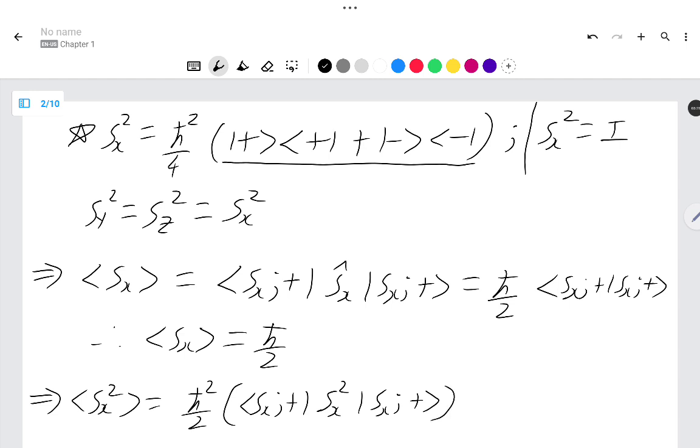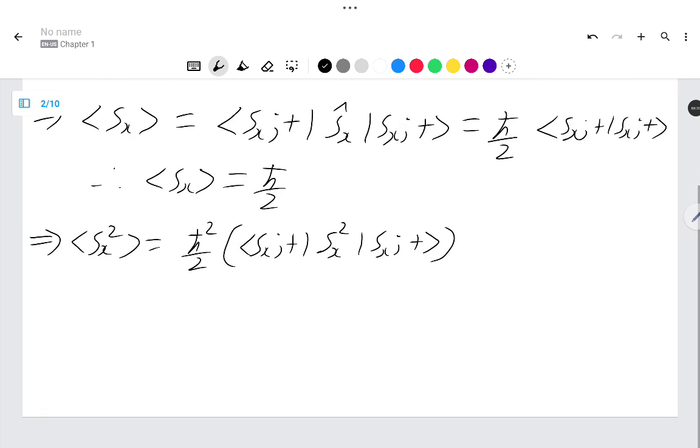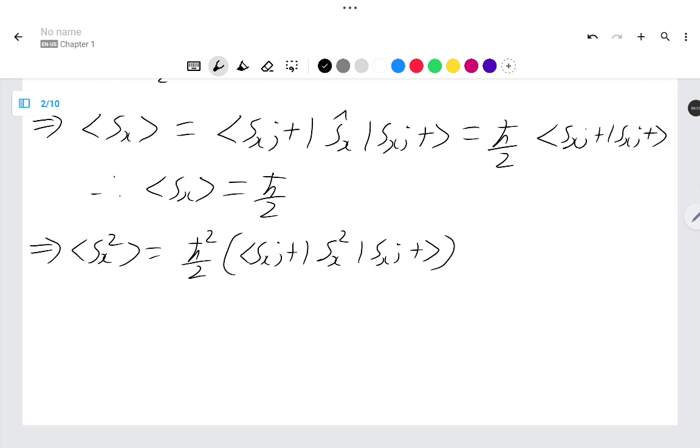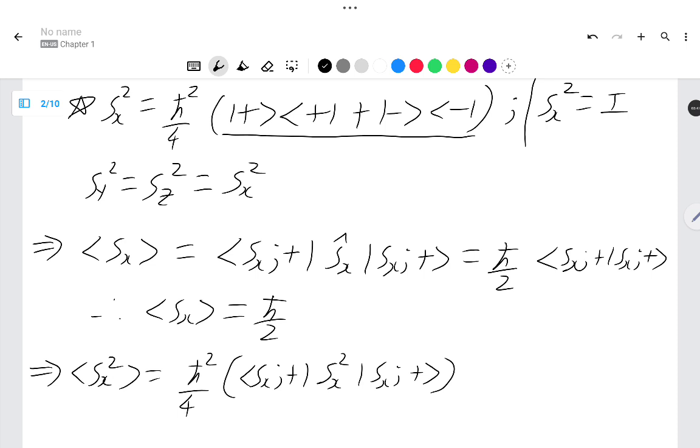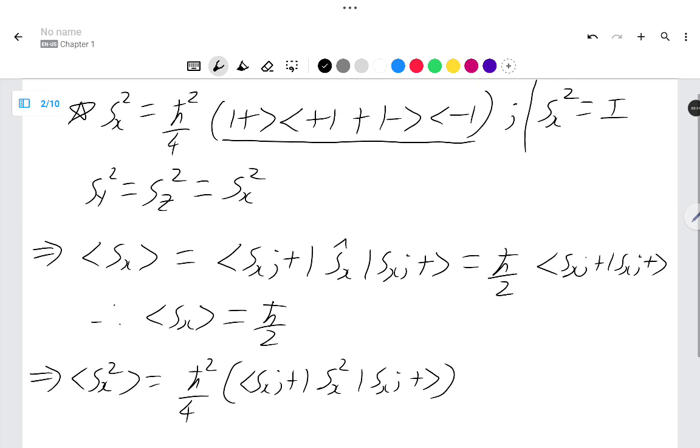We know what the Sx square operator is. It is not going to do anything.